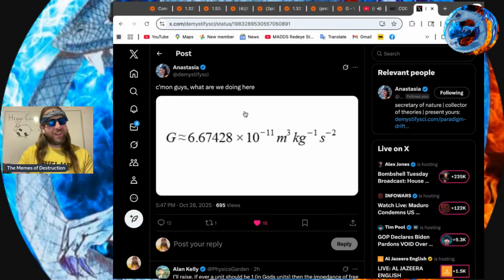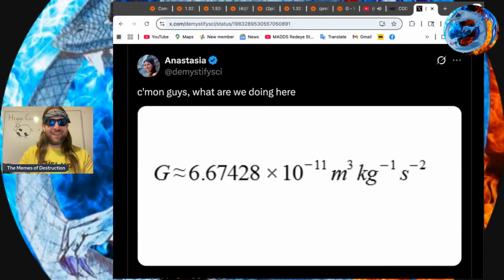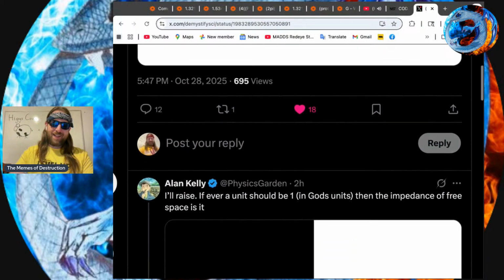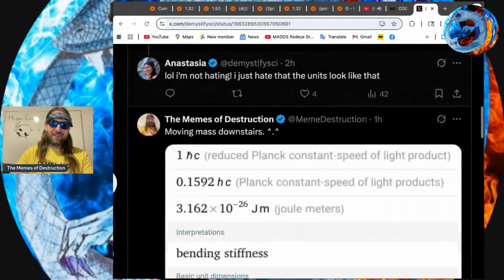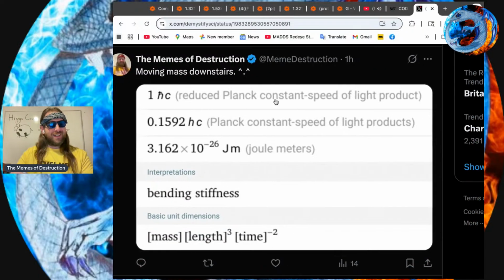Hopefully. All right. So, as we can see, Anastasia commenting here. Come on, guys. What are we doing here? Big G is approximately equal to 6.67428 times 10 to the minus 11 meters cubed, kilograms to the negative 1, seconds to the minus 2. A normal person looks at this and says, I don't know what this means. So, being the internet wise guy I am, I'm just saying we're just moving mass downstairs.